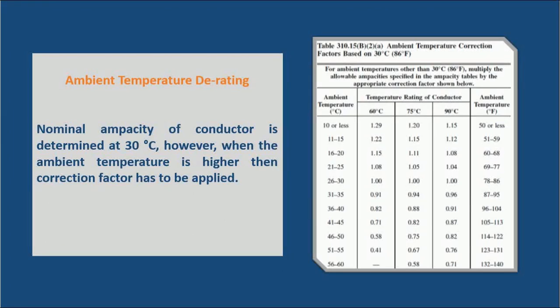When the temperature is less than 30, the conductor ampacity will be higher, and when the temperature goes above 30, the conductor ampacity will be less. These are the factors we are going to use.